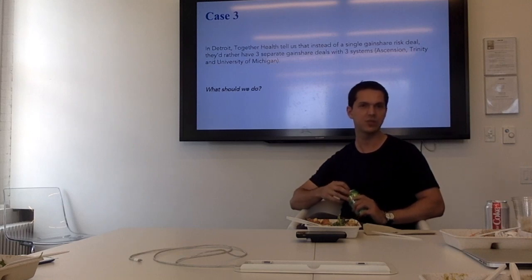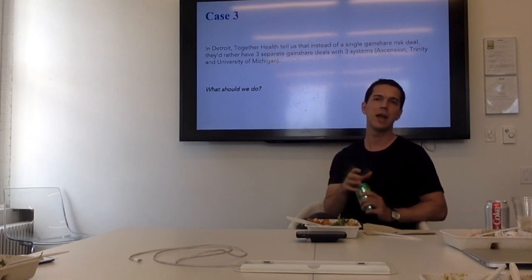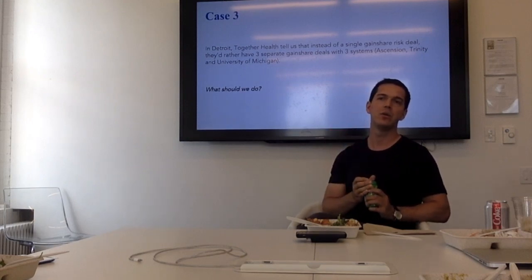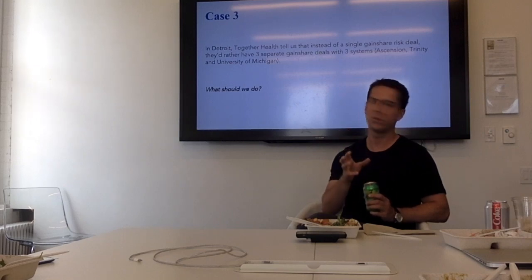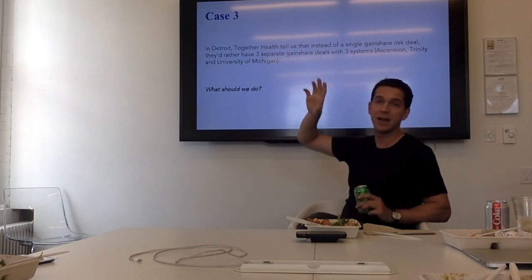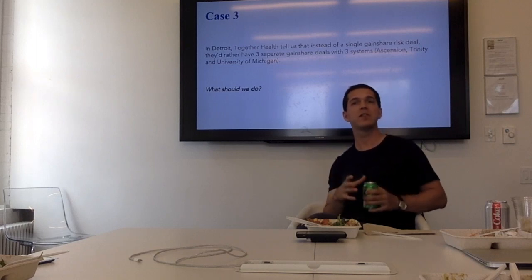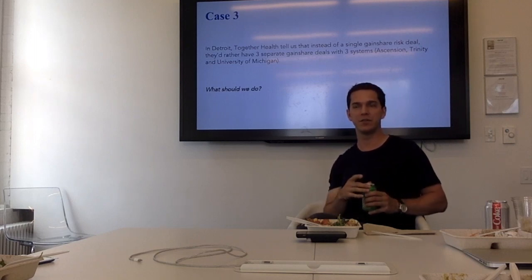So let's walk through the basic process. Let's start with a simple question. For the Together Health deal that we currently have, which is just a gain share, is that positive expected value for us, negative expected value for us, or neutral?